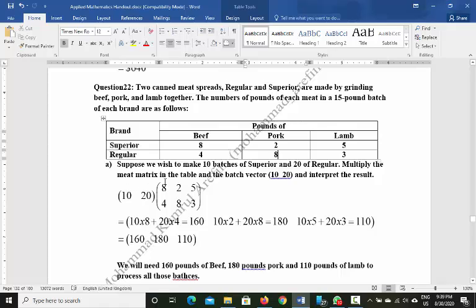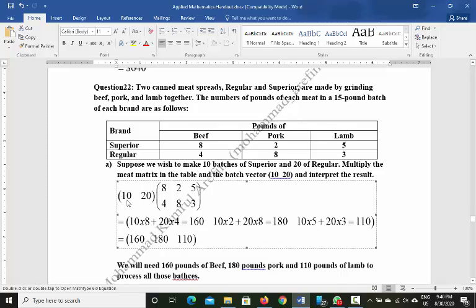So the question is asking us to produce 10 batches of superior and 20 batches of regular. This is the meat matrix, where this one represents superior and this one represents regular. This is the batch vector, and this is the meat matrix.